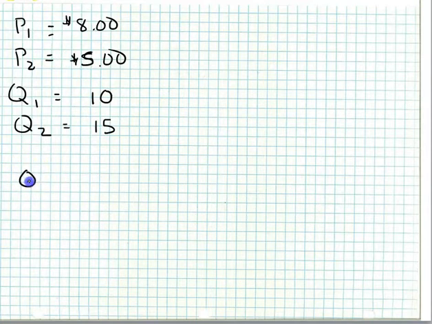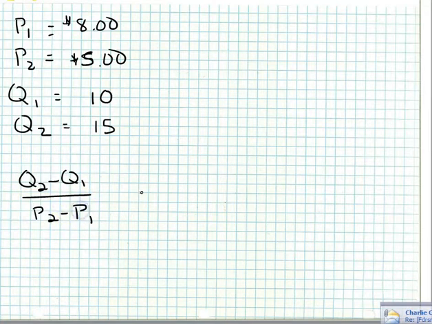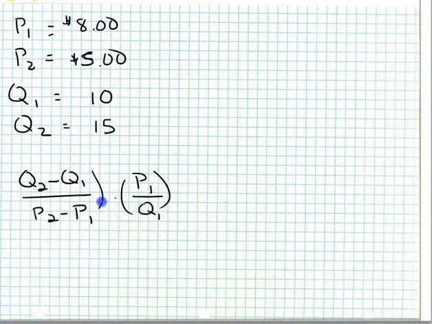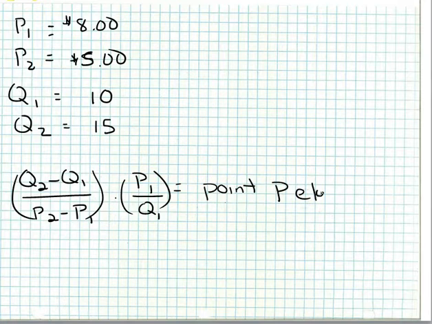So we say (Q2 minus Q1) over (P2 minus P1), times P1 over Q1, is equal to the point price elasticity.